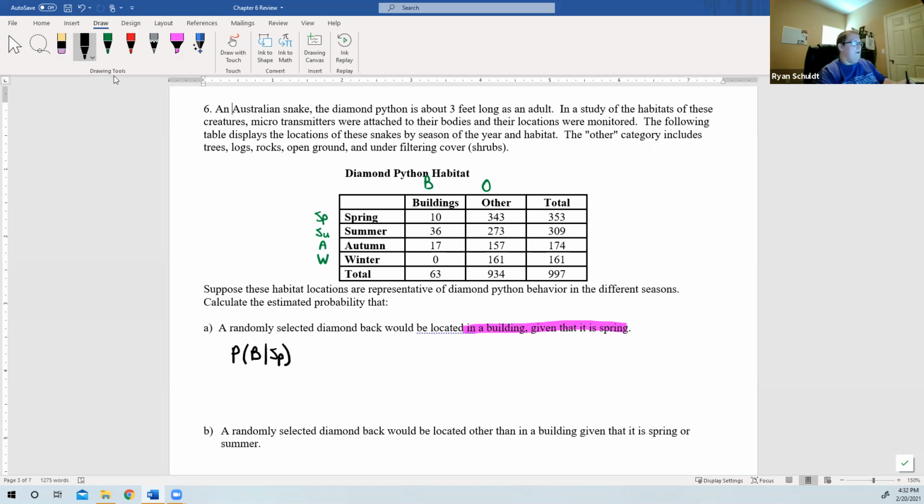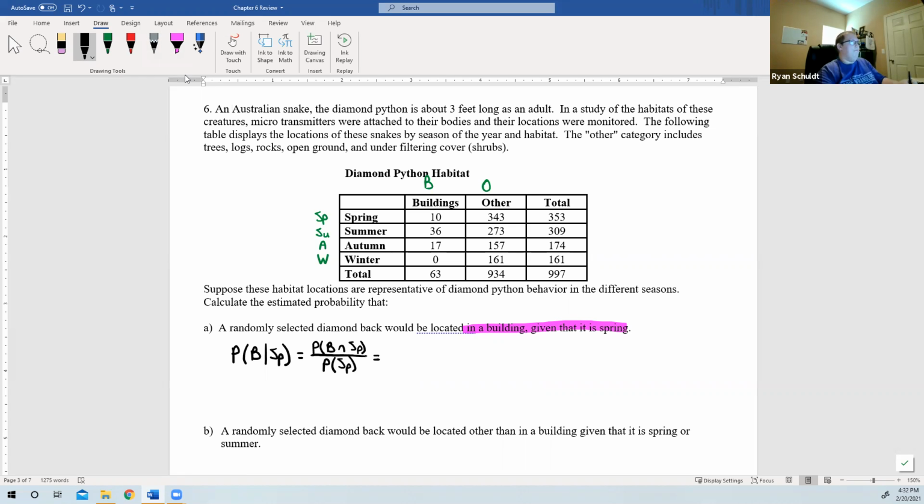If I do conditional probability, I have to do the probability that they're in a building and it's spring, divided by the probability that it's spring. Now remember, I'm saying probability, but the counts work just fine. So probability of building in spring divided by the probability of spring.